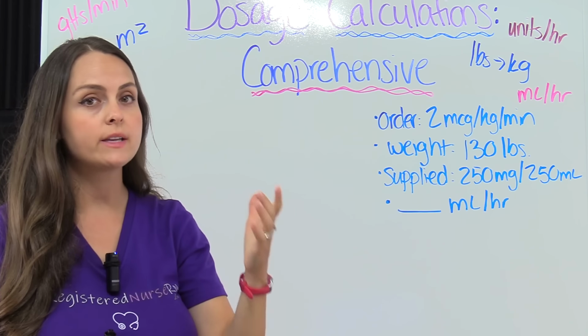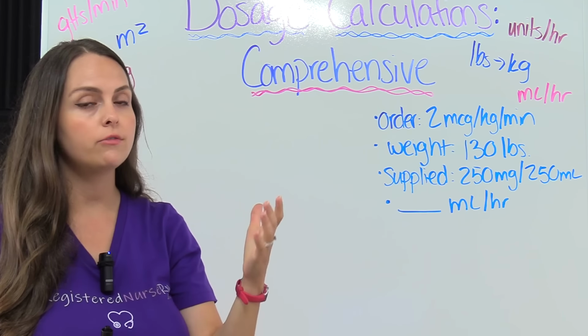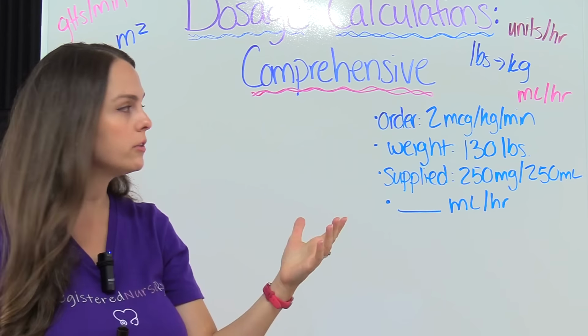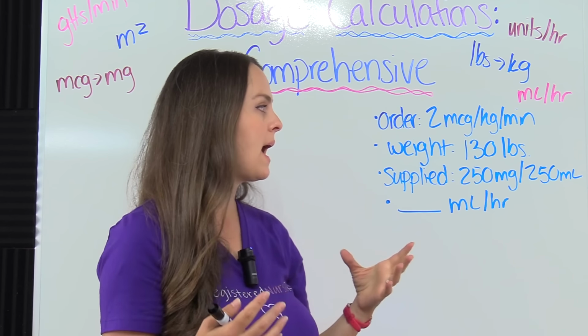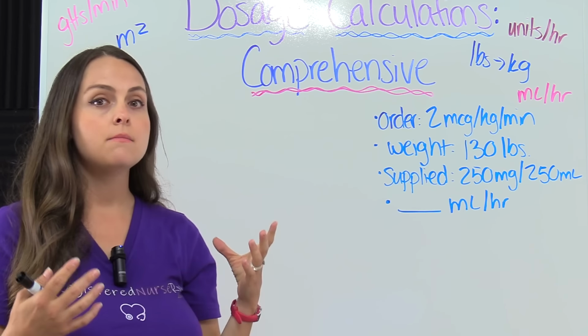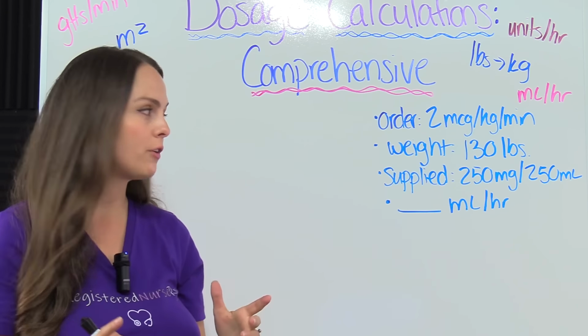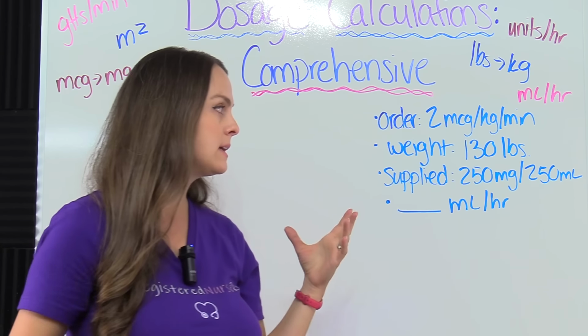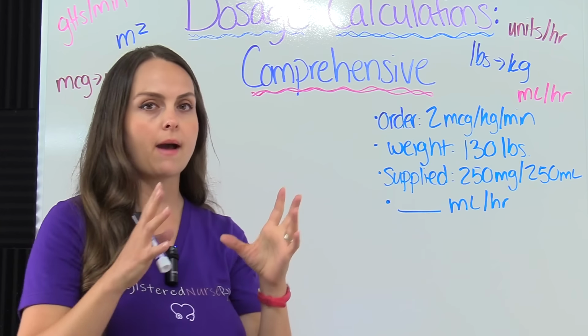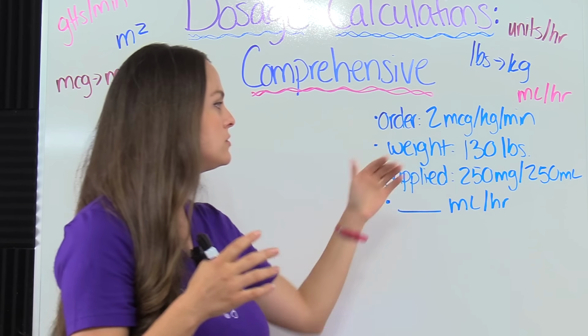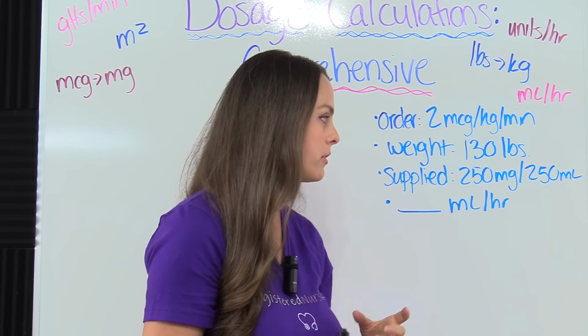We're told the patient weighs 130 pounds. So right there, you know you're going to have to get from pounds to kilograms. And we have a bag that is in milligrams. The order is in micrograms, so we know we're going to be doing some converting there. And our bag is a 250 milliliter bag, and in that bag we have 250 milligrams.